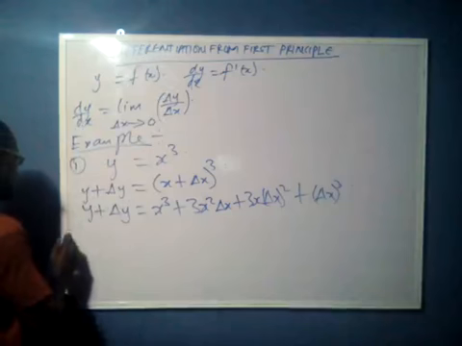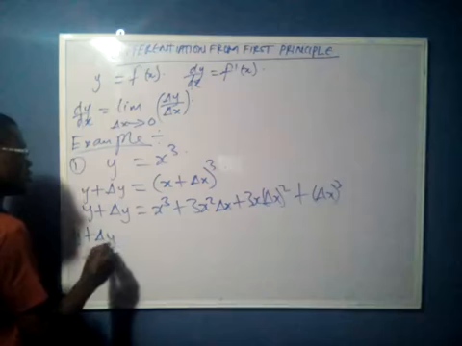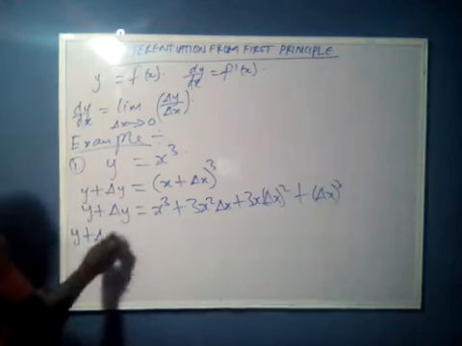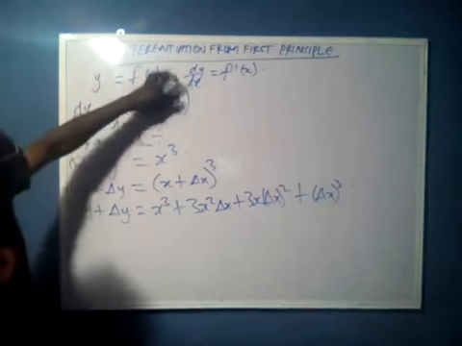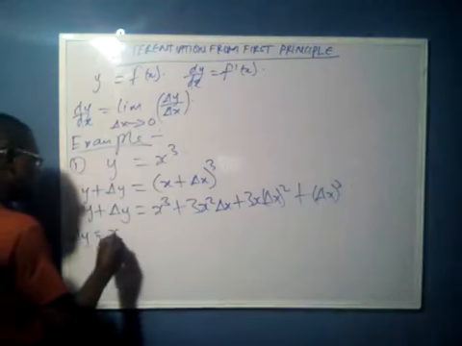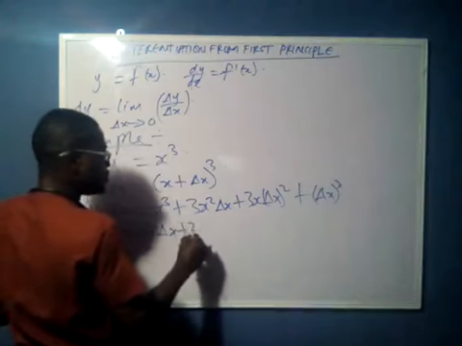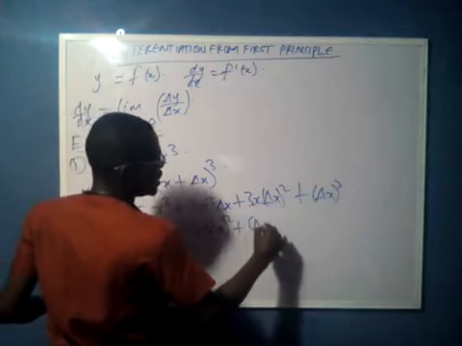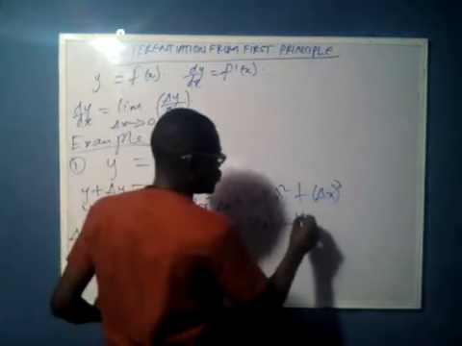So let's transfer y to the other side. We have change in y equal to x cubed plus 3x squared delta x plus 3x delta x squared plus delta x cubed minus y.